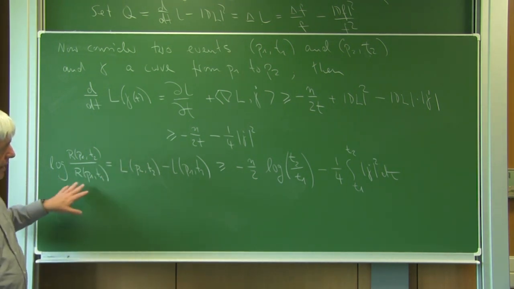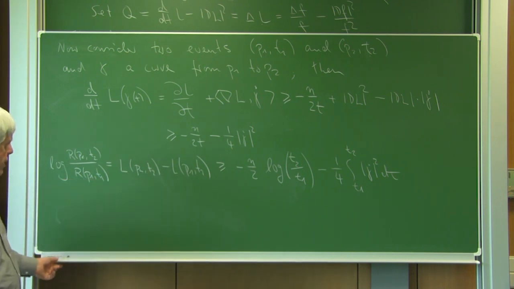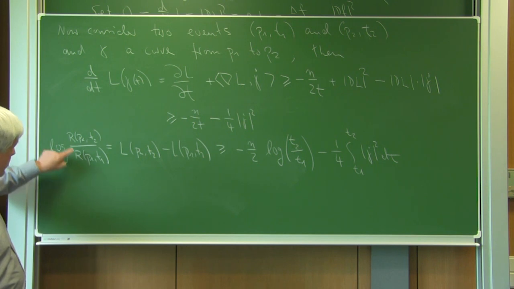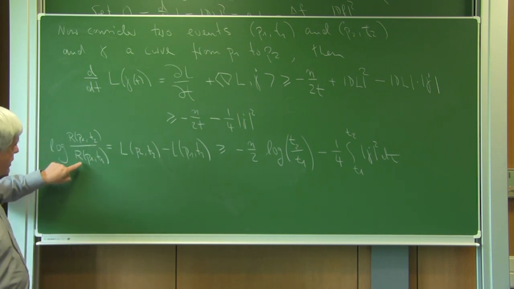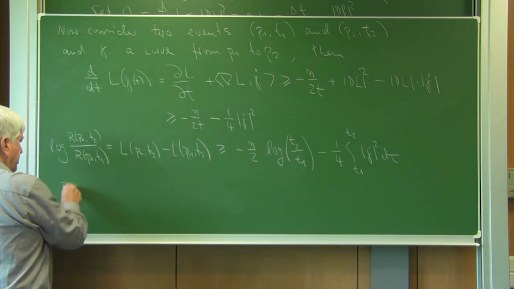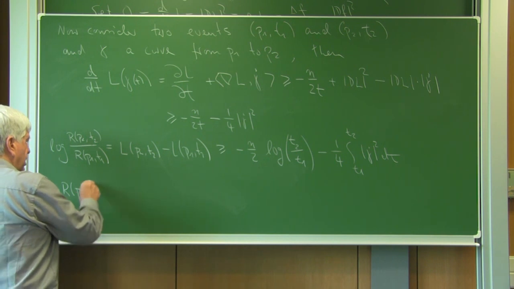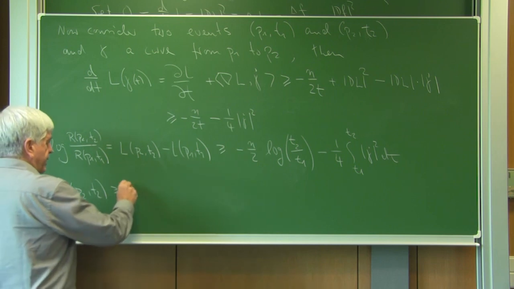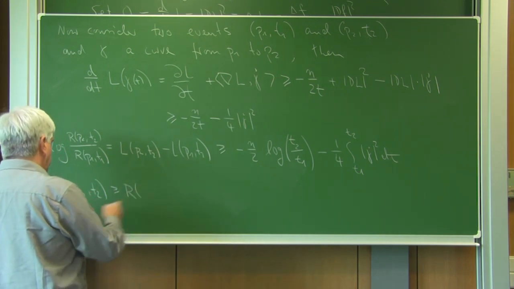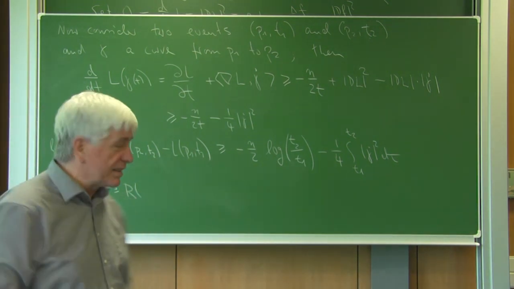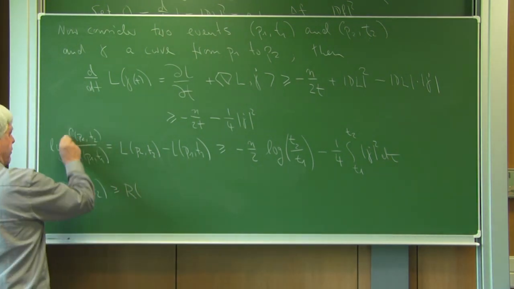And now, exponentiating everything, I can estimate from below the value at the later time in terms of the value at the earlier time. So I get f at P2, T2 bounded from below by... sorry, this is not r, I'm already getting ahead of myself, this is our function f.